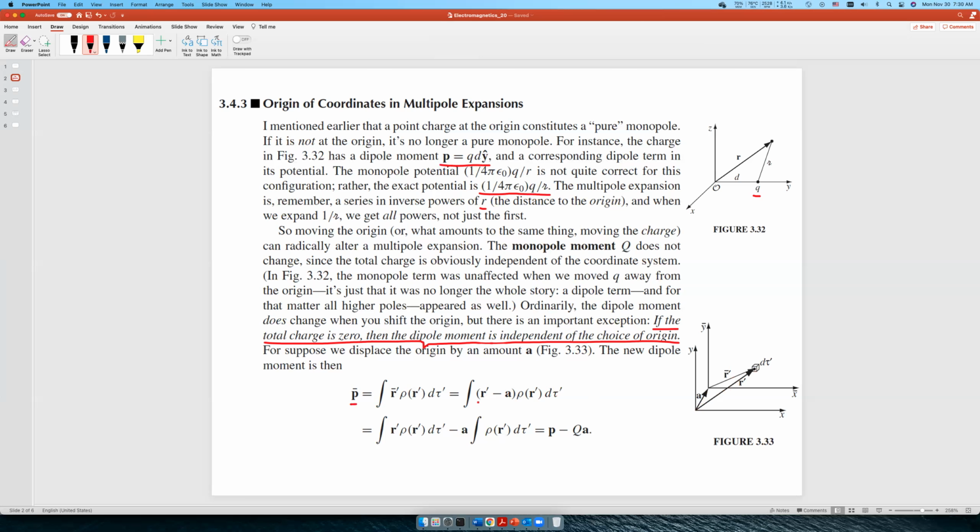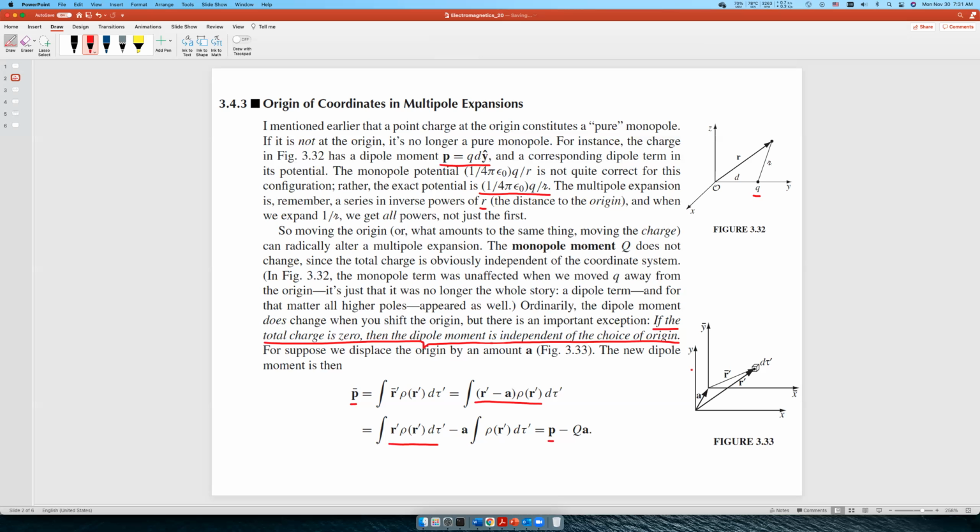And then you can write this into two terms, which is the integral of r prime rho r prime d tau prime, subtracted by a times the integral of rho r prime d tau prime. And this term becomes p.